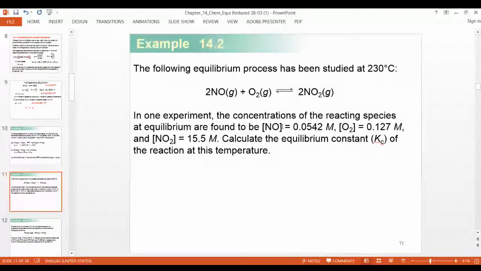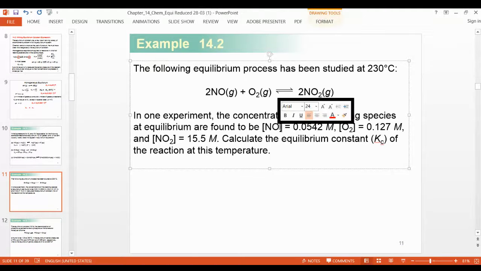So it means Kc, not Kp. If the concentration is given in terms of brackets, you have to use Kc. If the concentration is given in terms of pressure, you have to use Kp. Remember that. Calculate the equilibrium constant Kc of the reaction at this temperature.